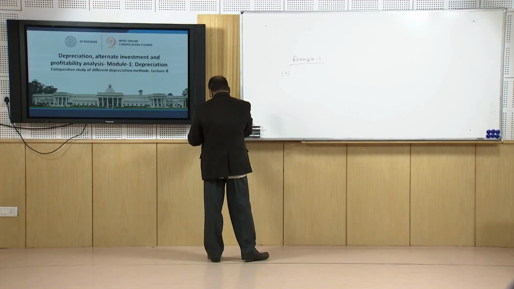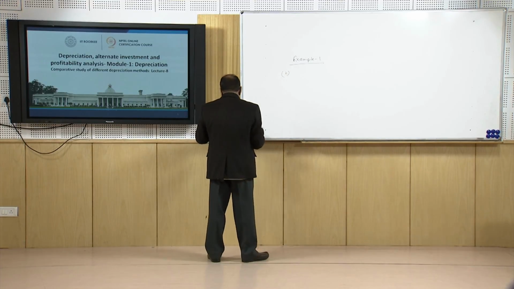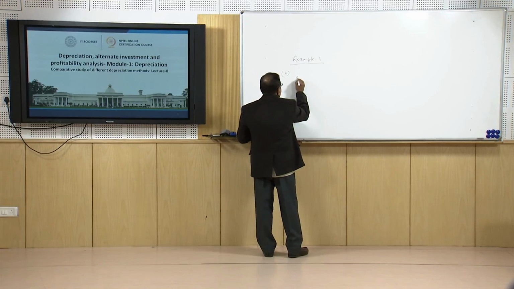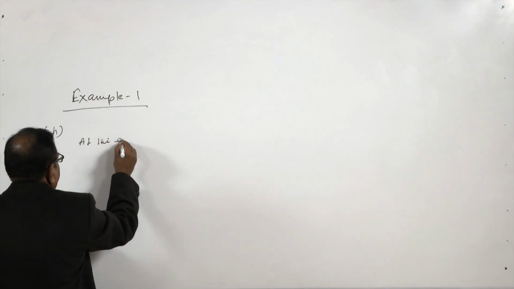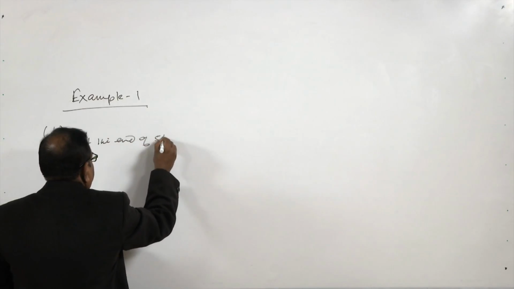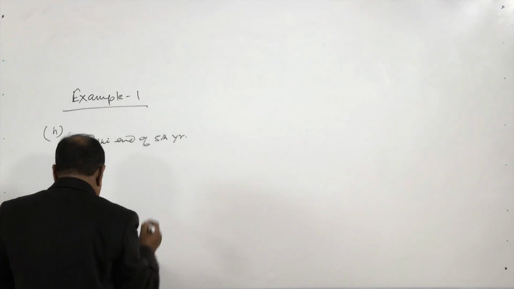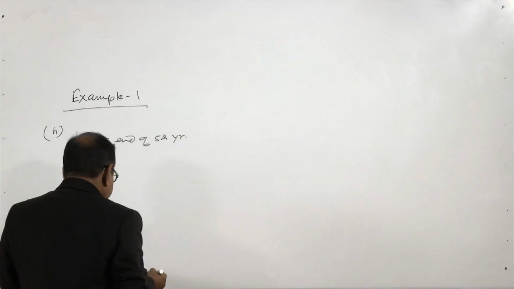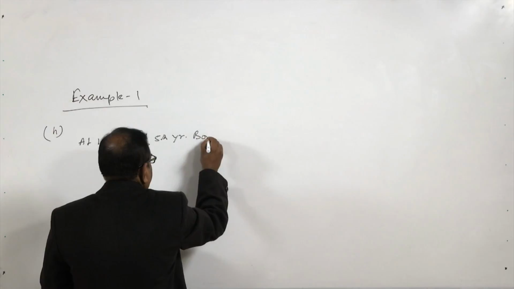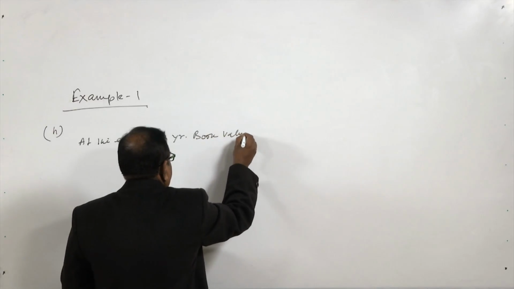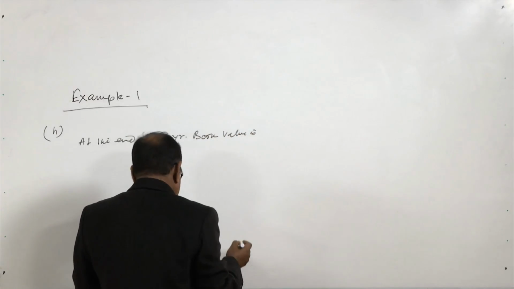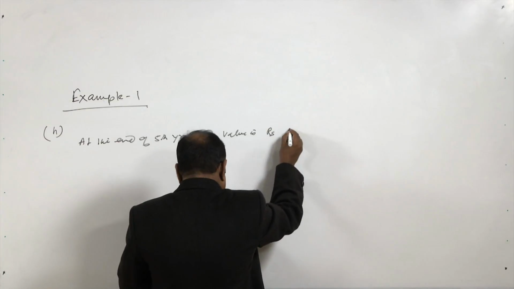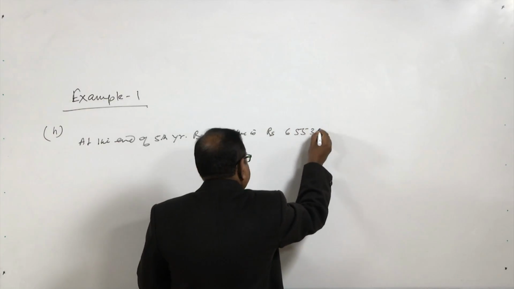If you see here, at the end of fifth year, the book value is rupees 655,360.